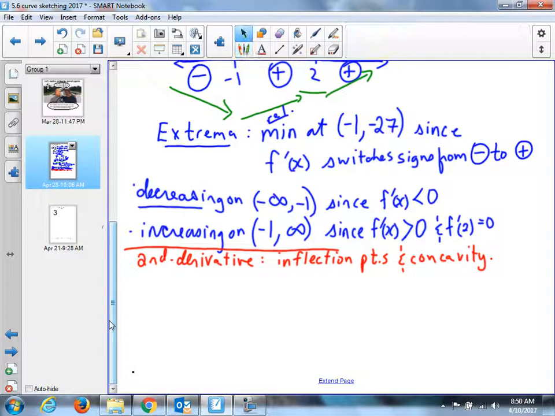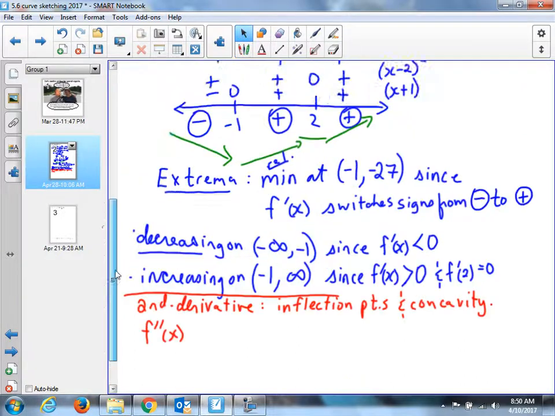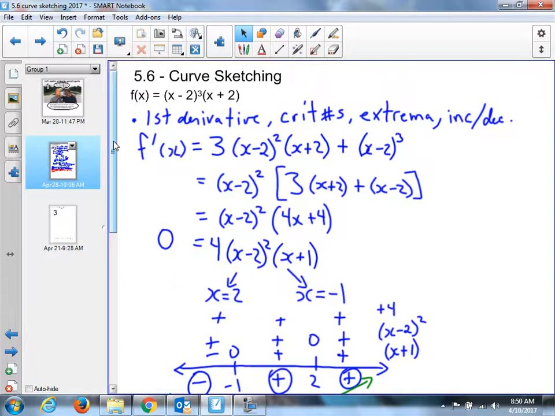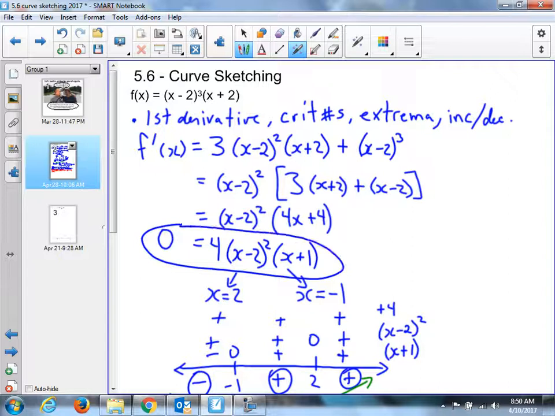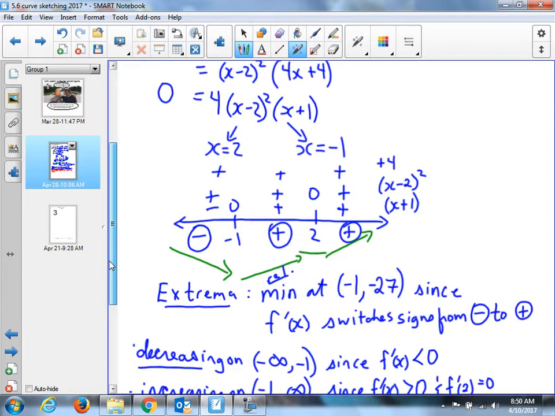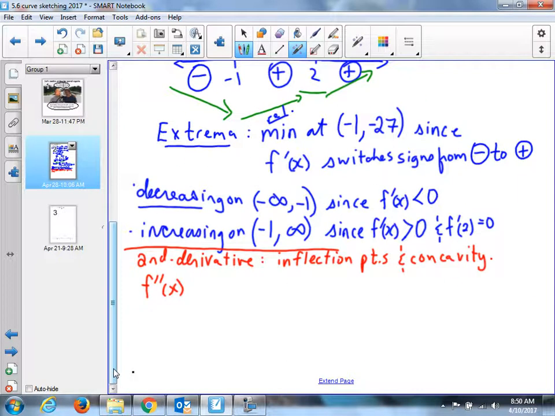So, f double prime. Of course, if this was a simpler function, I'm going back to here, I would suggest you multiply it up. But this isn't simpler. I'm thinking we should go with what we have right there, okay? So that's the single derivative, 4x minus 2 squared x plus 1. I can't remember things very well.